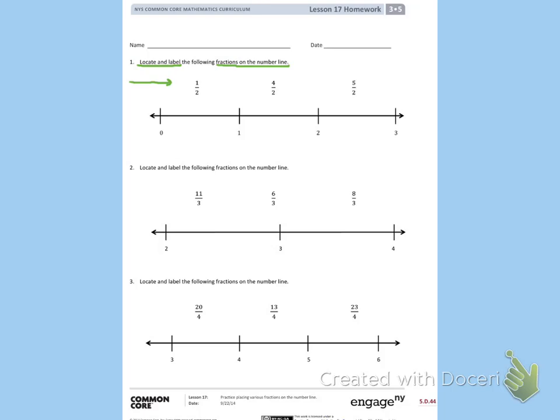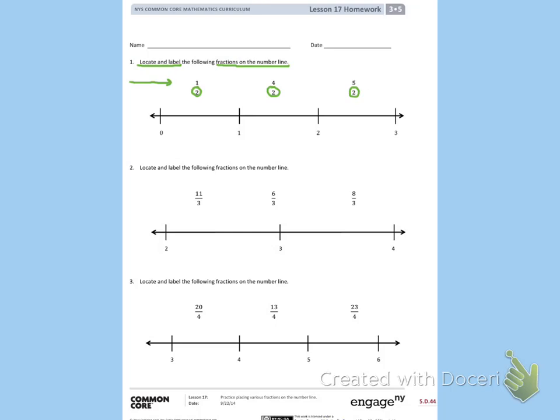We need to figure out where 1/2 should be placed, 4/2, and 5/2. As you can see, there is a 2 on the bottom portion of each of these fractions. That means that each whole needs to be divided into 2 equal portions, or halves.